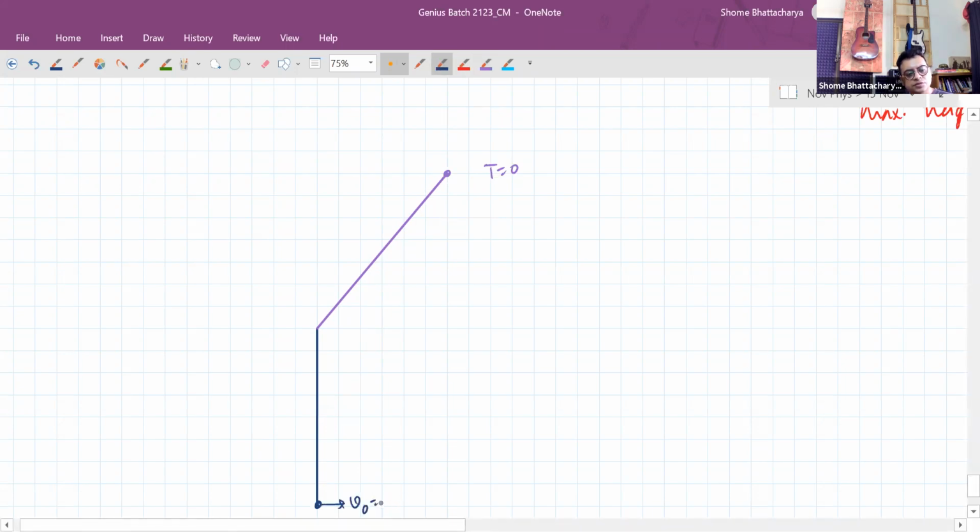This V0 was 20 meters per second. And at this maximum theta, which was about 132 degrees.